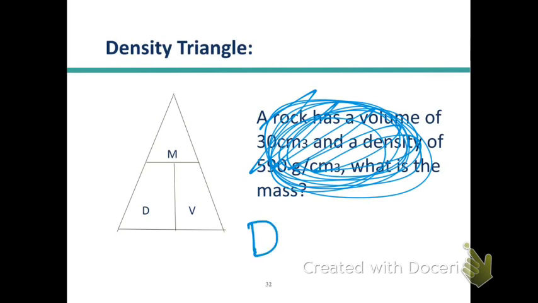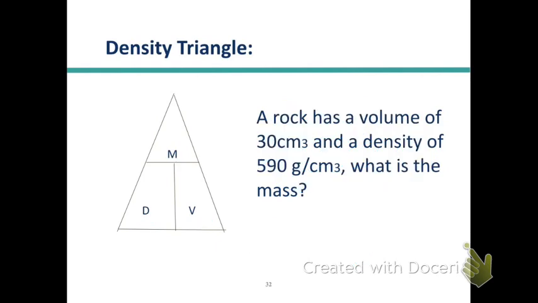Remember, density equals mass divided by volume. That's why I have density down here and then mass over volume over here. So you have to set the triangle up like this or it will not work. And if you don't set it up like that, then you will end up just messing up all your formulas and you have to solve it back the algebraic way.